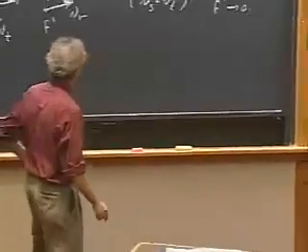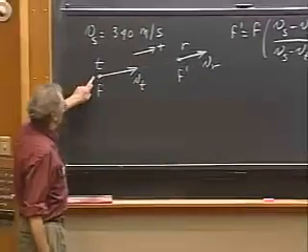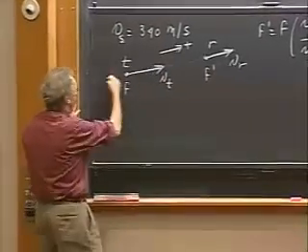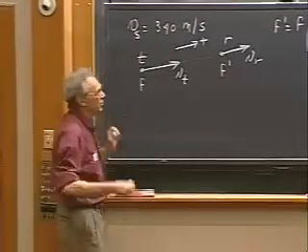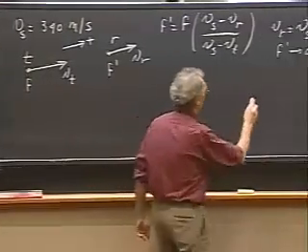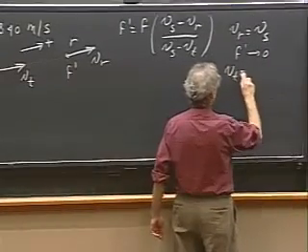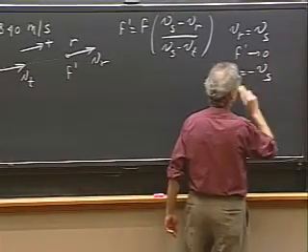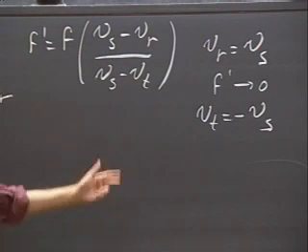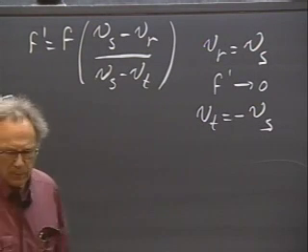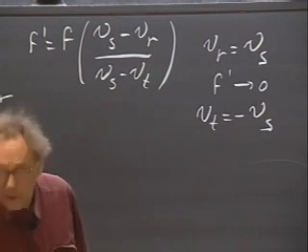But if we now make the sound source go away from you with the speed of sound, so again, the distance between the two of you grows. So now Vt, the velocity of the transmitter, I make it minus the speed of sound. Then notice what happens. The frequency that I receive is simply 1/2 f.